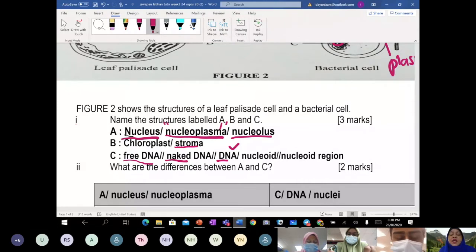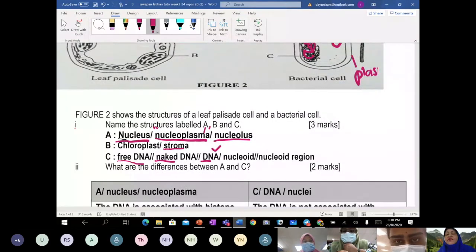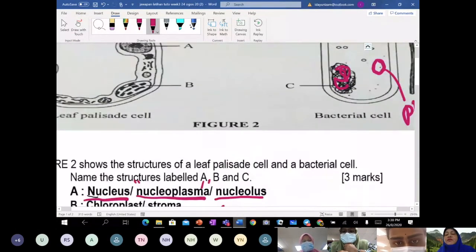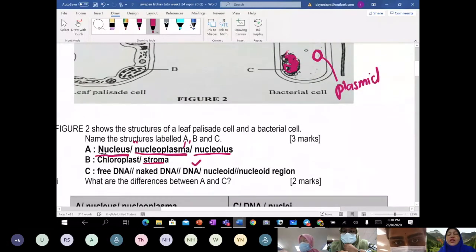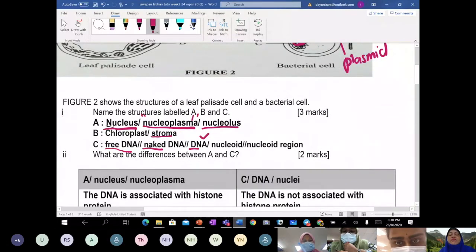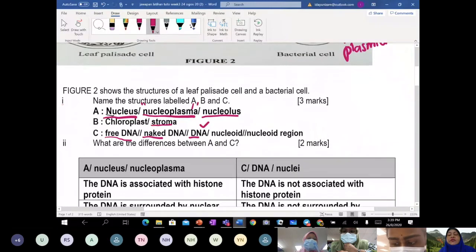Because DNA is not bounded with a membrane, there is no nuclear envelope, so the region where you can observe this free DNA, we call it the nucleoid. We use the term nucleoid region.